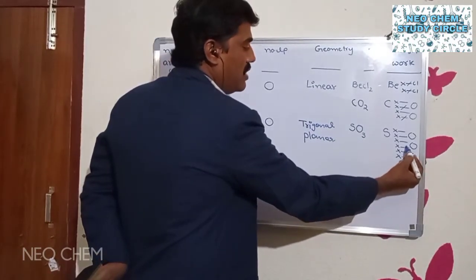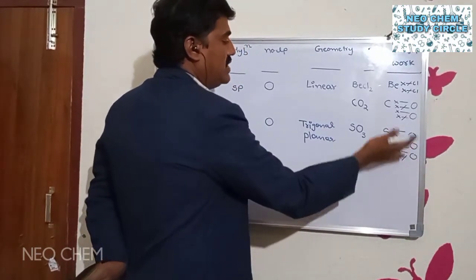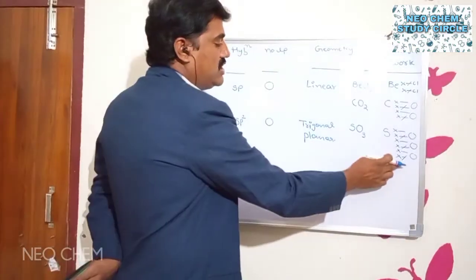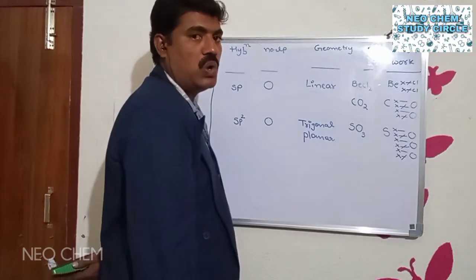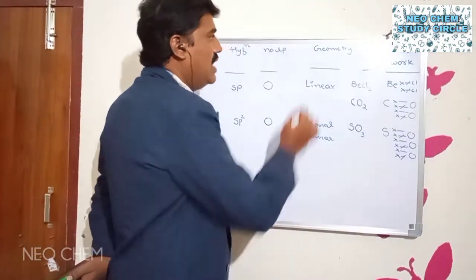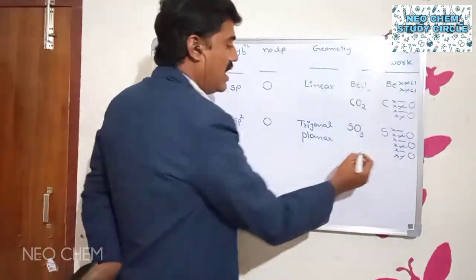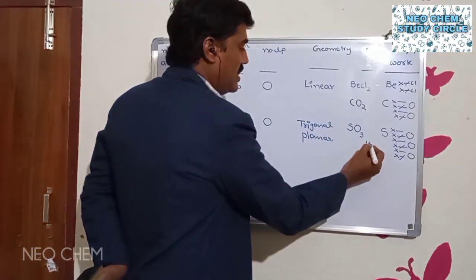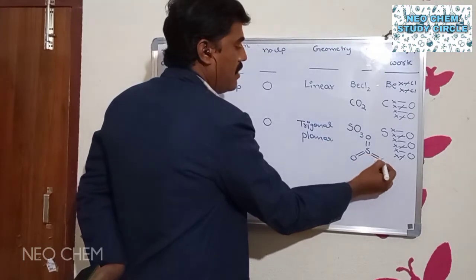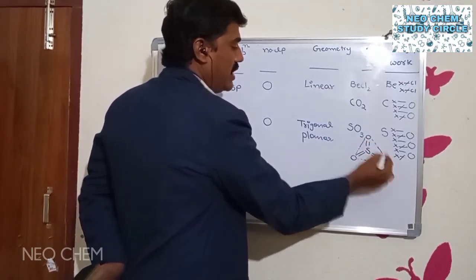So, first sigma bond, second sigma bond, third sigma bond. So, the hybridization containing 3 orbitals is sp2. After sp2 hybridization, there is no lone pair of electrons over the sulfur. That's why the geometry of sulfur trioxide is trigonal planar, like this. Double bond O, double bond O, double bond O. Okay, this is the trigonal planar geometry.